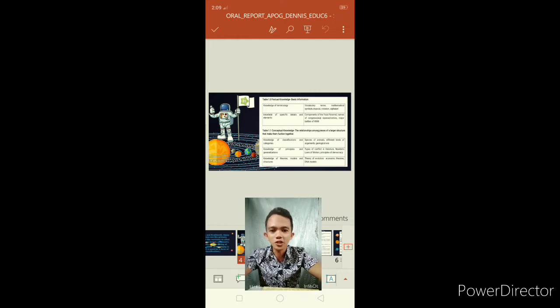Conceptual knowledge is the relationships among pieces of a larger structure that make them function together. Under this one is the knowledge of classification and categories. This could be species of animals, different kinds of arguments, or geological eras.